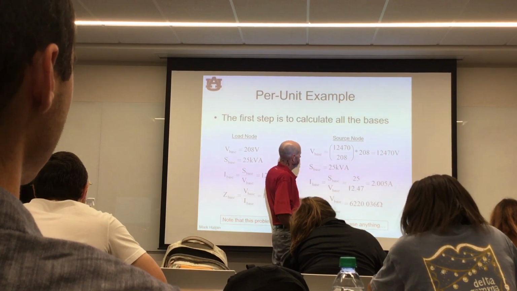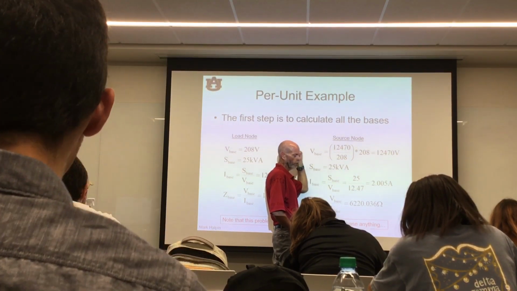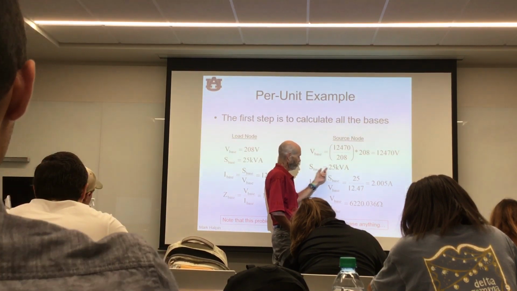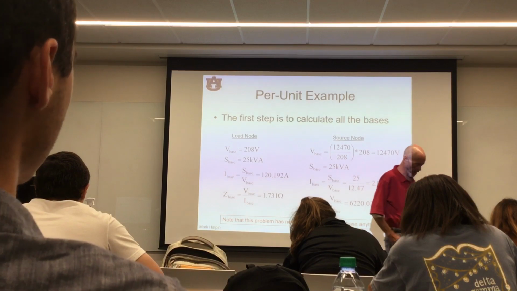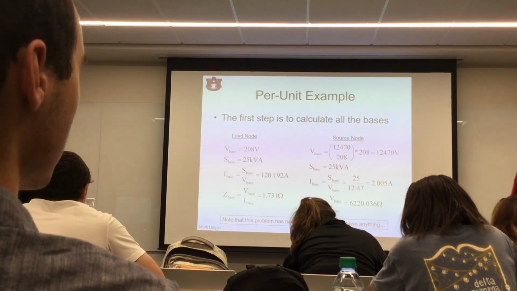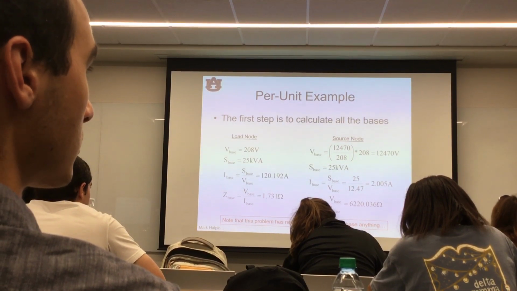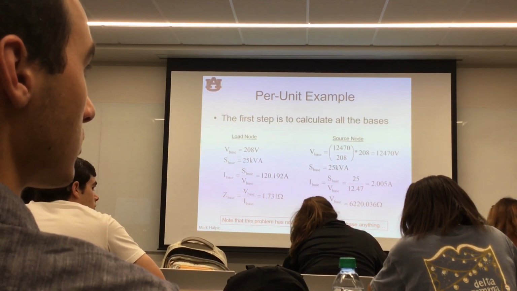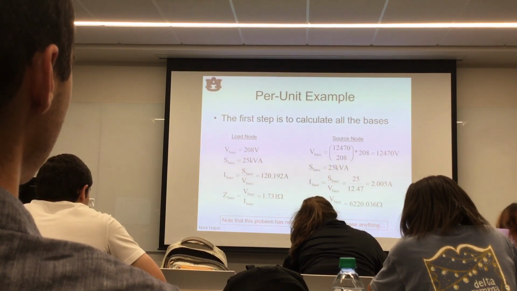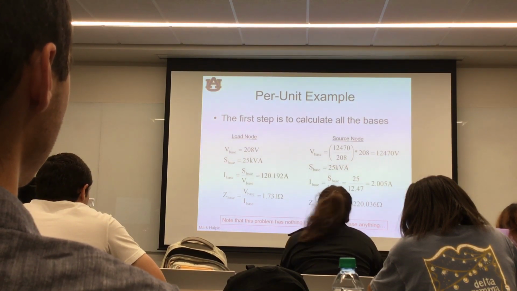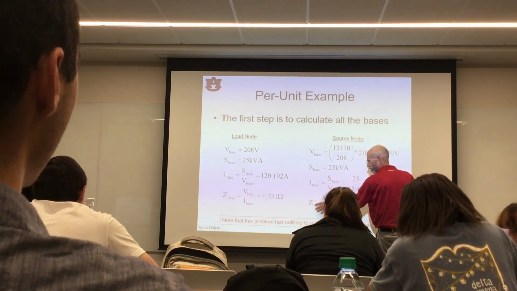We pick that base for power on the other side, on the load node side. But again, we used a relationship with the ideal transformer to calculate that S base. It looks like we just wrote it down, but you could say we calculated it, because for an ideal transformer the power in and power out are the same. Once we have new voltage and power bases, then we calculate the others that we need.